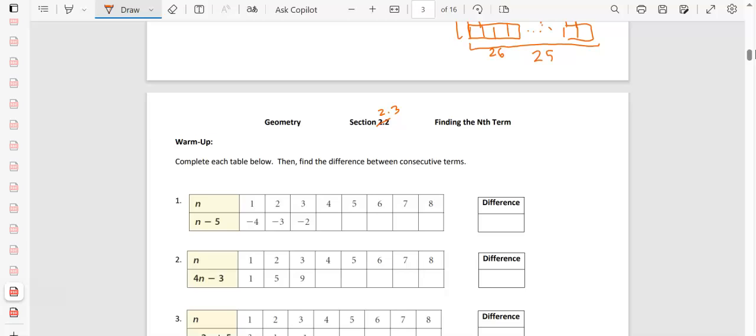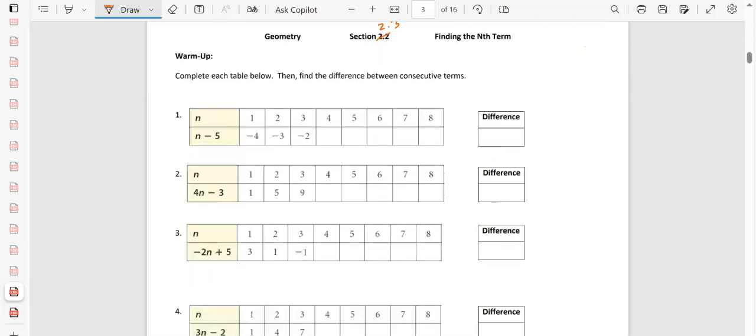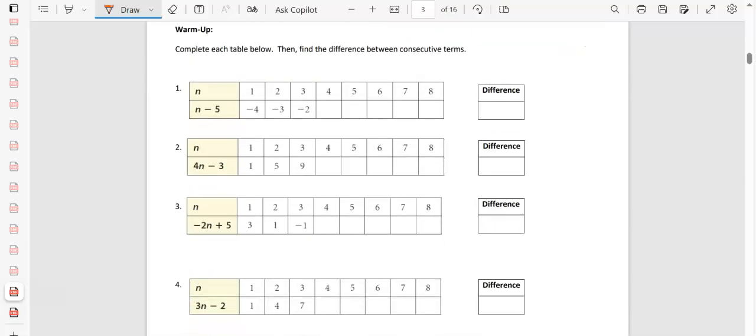So what I have for us right now is a table. n here represents the term number, and this value down here represents the term value. And I am actually telling you the rule. I have already done the inductive reasoning for you, but we're going to work up to this point.